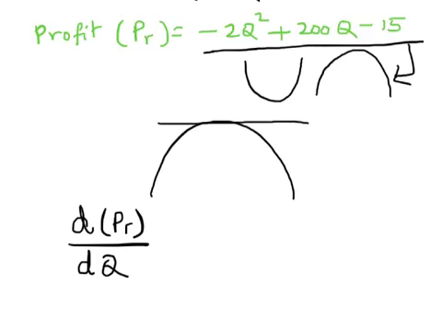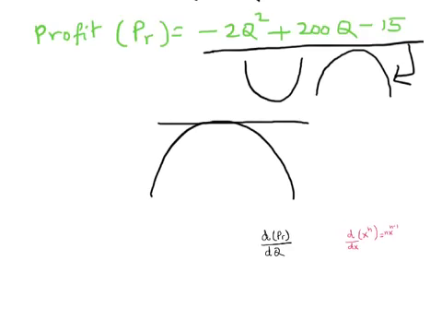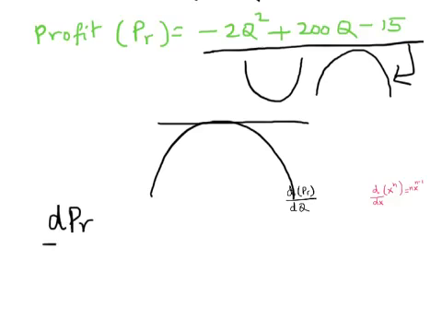Okay, how do we go about doing this now? Let us recall that rule which says d by dx of x to the power n is n x to the power n minus 1. Let me try to use that rule and find the differentiation. So dPR over dQ would be, applying that rule, we will have -4Q plus 200.